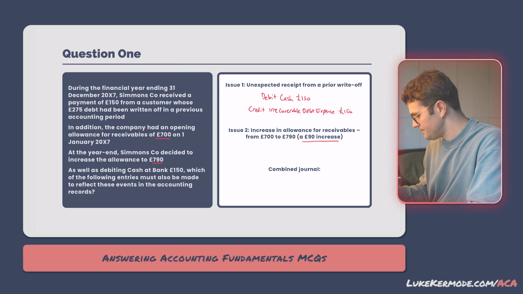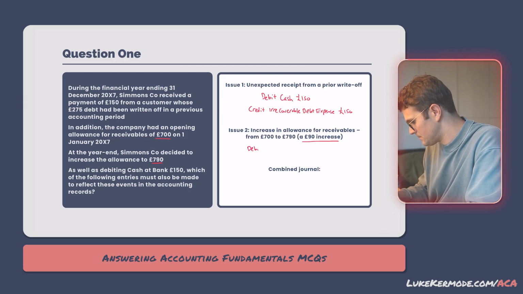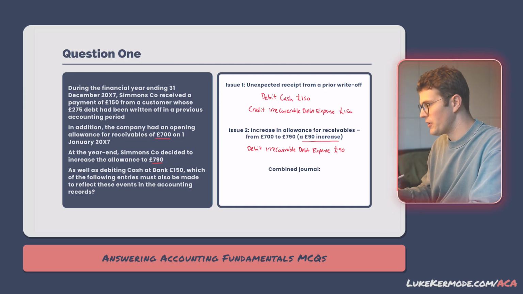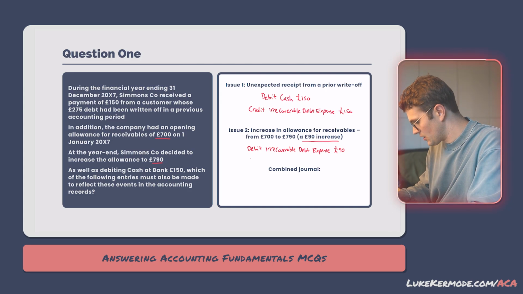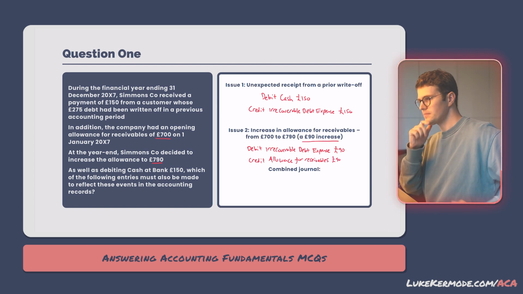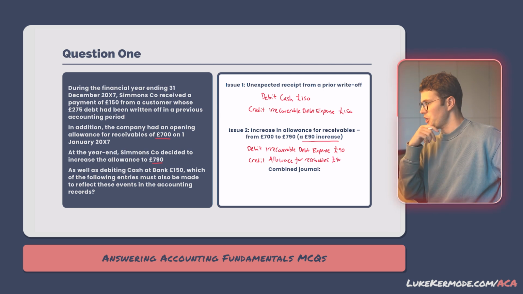So to do that, we need to debit irrecoverable debt expense by £90, and we need to increase the allowance for receivables, and we do that by crediting the allowance account again by £90.